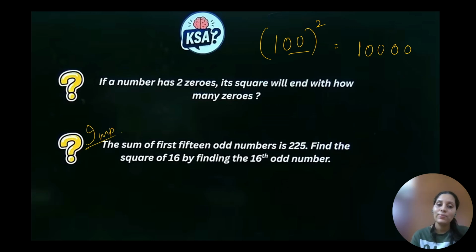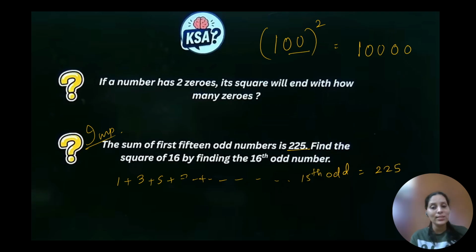Okay. Next, very important. The sum of the first 15 odd numbers is 225. The sum of the first 15, 1 plus 3 plus 5 and so on till the 15th odd number, the sum is 225. Find the square of 16. You need to find the square of 16 by finding the 16th odd number.